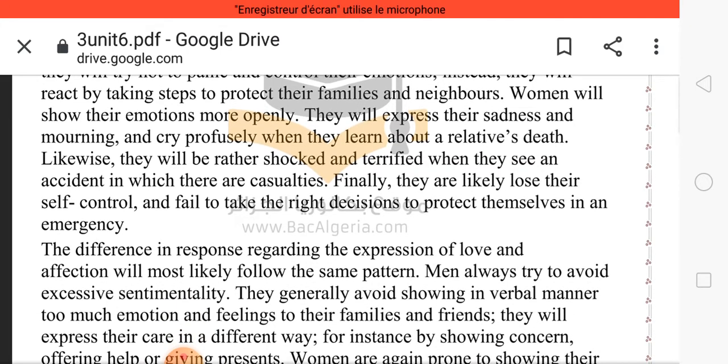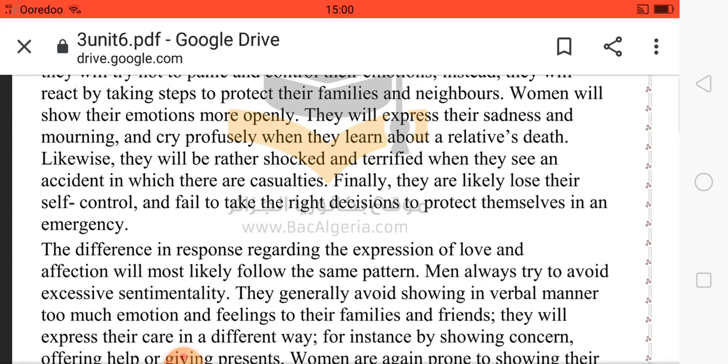Women will show their emotions more openly. They will express their sadness and mourning and cry profusely when they learn about a relative's death. Okay, you understand here the difference of the feelings and emotions between men and women. Okay, let's carry on.